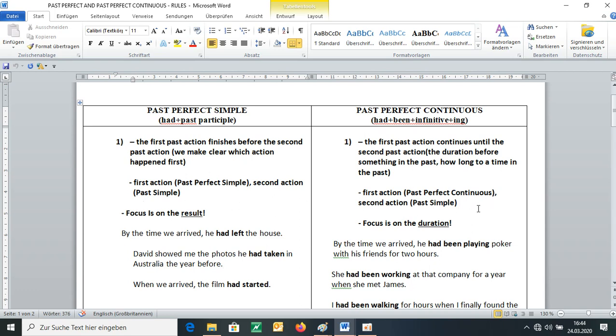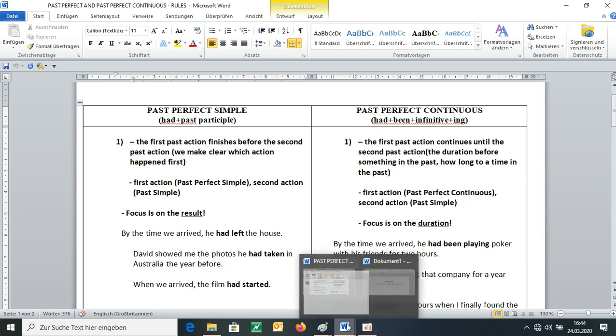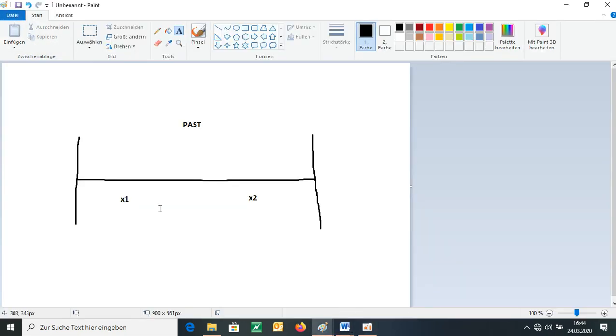So what is the difference? In the past perfect continuous, we have two actions, action 1 and action 2 again. The focus in this case is another one. Let me mark this in red.